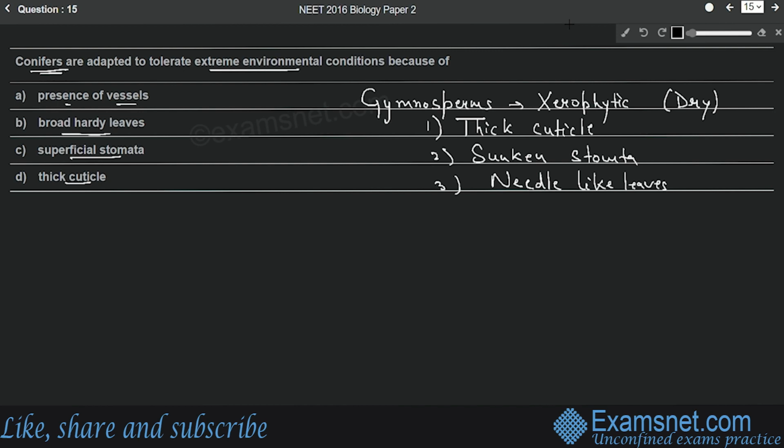So when the leaf is very thin, needle-like, there is less evaporation of water, so that is used to prevent water loss. Similarly, sunken stomata prevent water loss from transpiration. This way they are able to preserve water as much as they can. So the correct answer will be option D, that is thick cuticle. Because of this, they are able to adapt in the extreme environmental conditions.